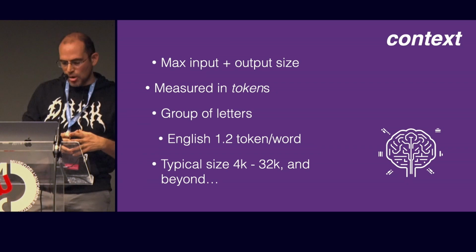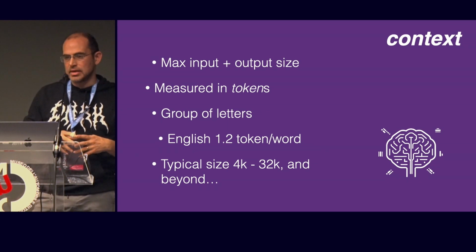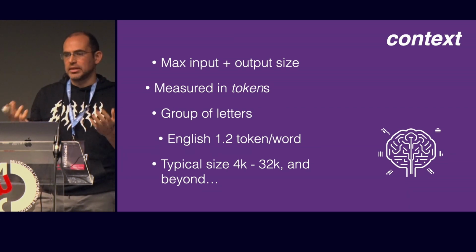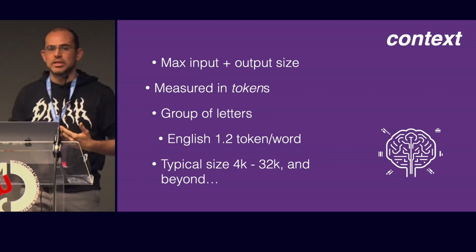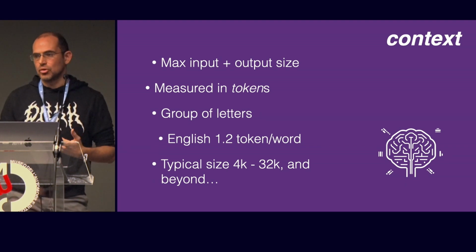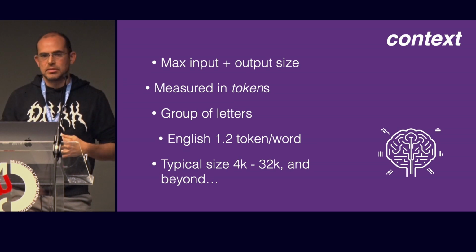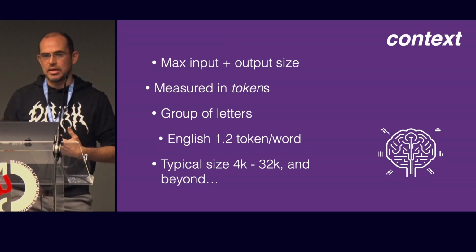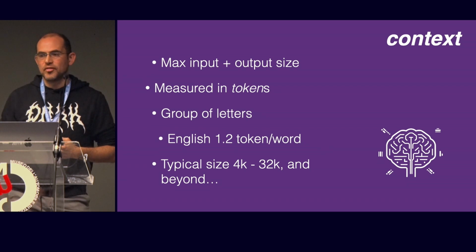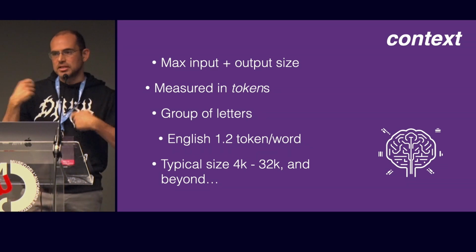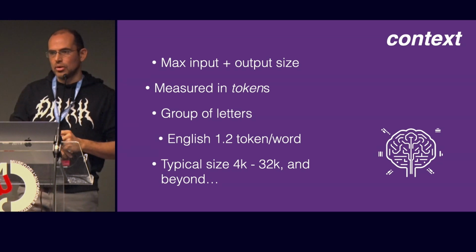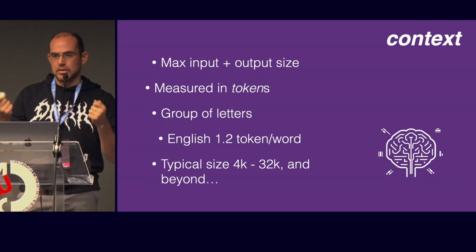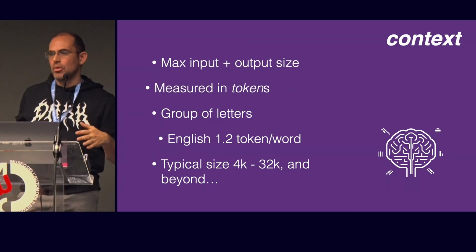Normally the prompt size is from 4K to 32K tokens. A prompt is not measured in letters or words, but in tokens. An English word is about 1.2 tokens on average, because before feeding the language model, the text is preprocessed and divided into tokens.